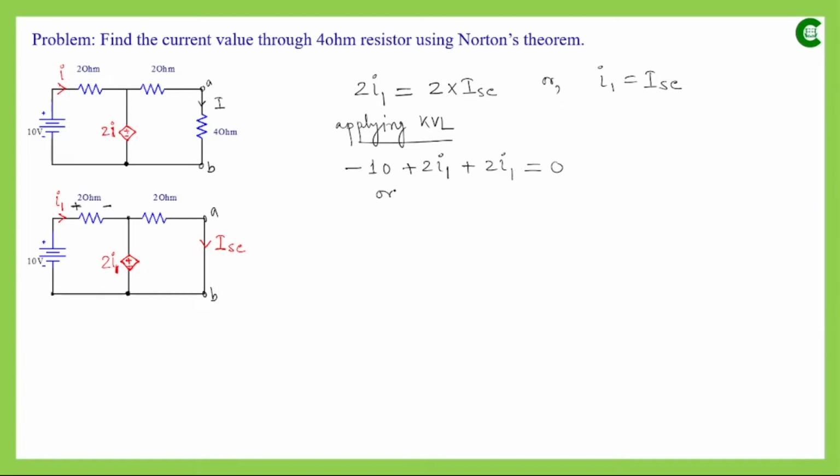So from this equation we can say that 4I1 will be equal to 10, or I1 will be equal to 10 by 4, so it will be 2.5 ampere. So if I1 is equal to 2.5 ampere, then we can also say that ISC, the short circuit current, or Norton's equivalent current IN, will also be equal to 2.5 ampere.